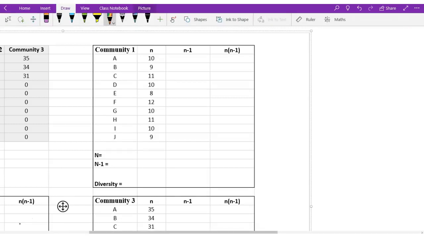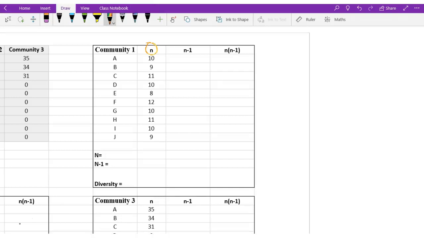First of all, when you look at any community, you need to know the total number of individuals that you have. Now, they've already given you the individuals for each species. So species A here has 10 individuals, species B has 9. So they've already given you the n value, the little n value, the number of individuals for each species.